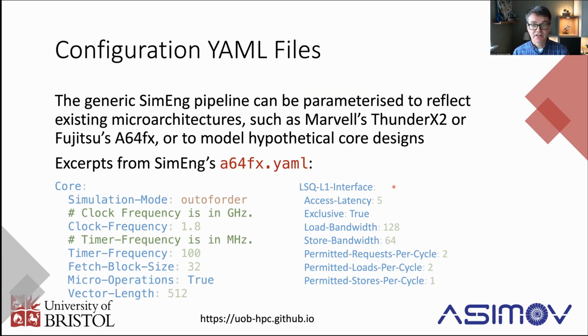And here are some other examples about the load store queue, the interface to the L1 cache. What's the access latency? Is it an exclusive or inclusive cache? How wide the load store bandwidth is? How many outstanding loads you can have on each cycle? All sorts of things like that. And there are lots and lots of these options that you can configure.